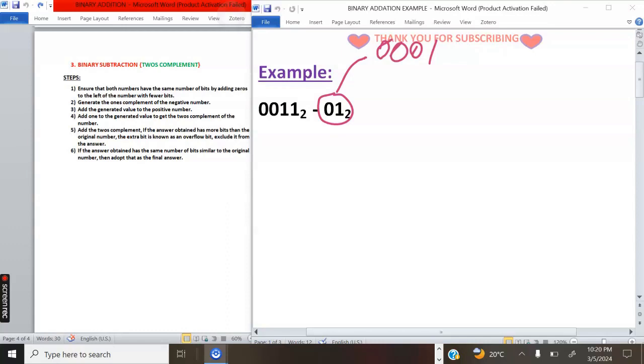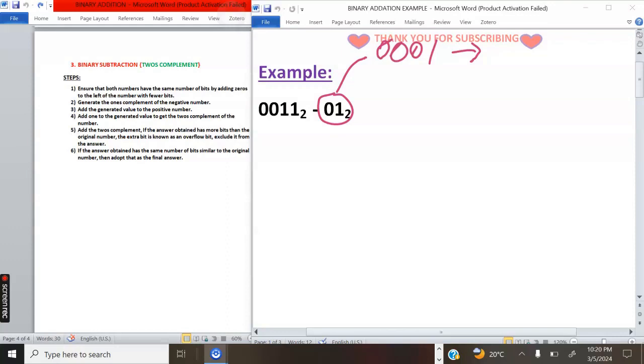Step number 2, you generate the one's complement of the negative number, and this is my negative number. For the one's complement, you need to go back to the other video that I have prepared.